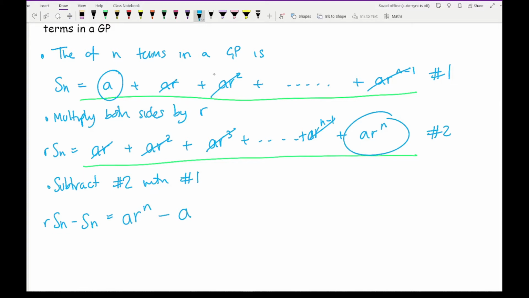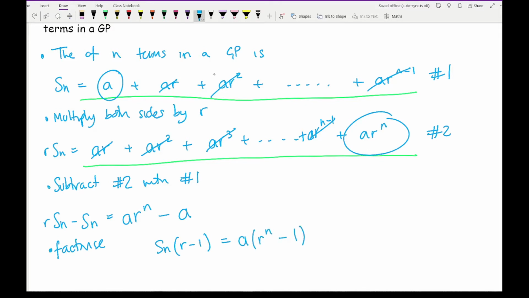Now from this, what we can then do is factorize both sides. The common factor on the left hand side is going to be Sn, so that's Sn times r minus 1, equals, and a common factor on the right hand side is a, so if I factorize with regards to a, I end up with r to the n minus 1.